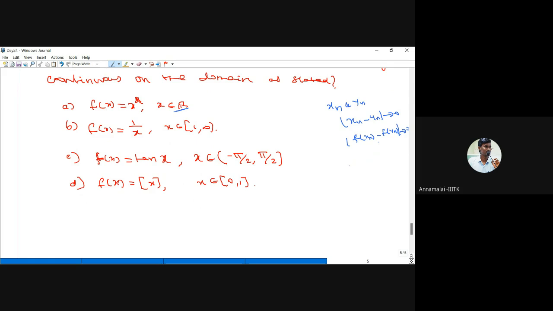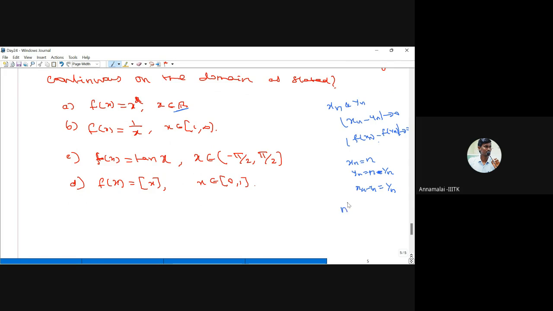So if you take xn equal to something and yn equal to something, but xn minus yn converges to 0. Suppose I take xn equal to n and yn equal to n plus 1 by n. Now if you subtract, n cancels and we get 1 by n in modulus, or take minus 1 by n, not an issue. So xn and yn satisfy this condition. What is f of xn?